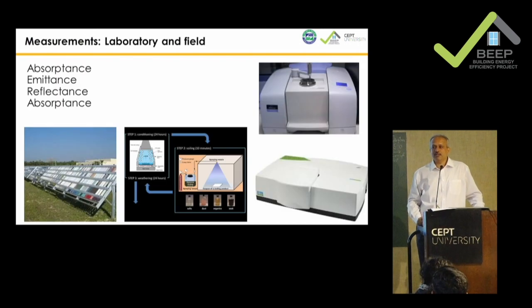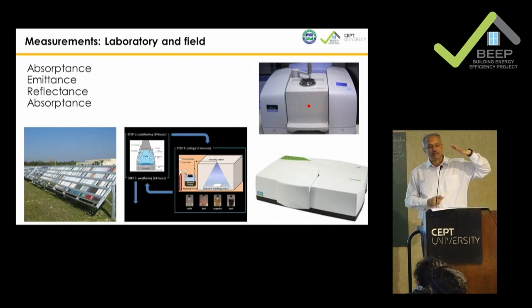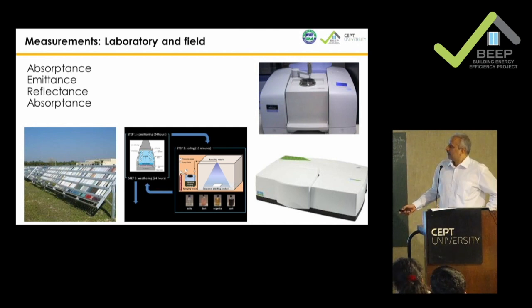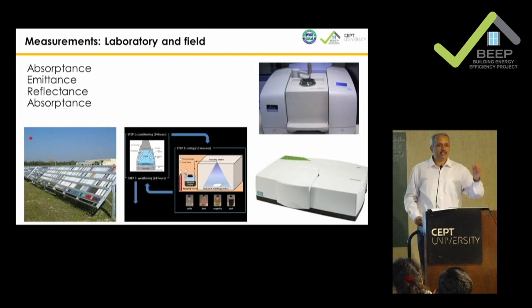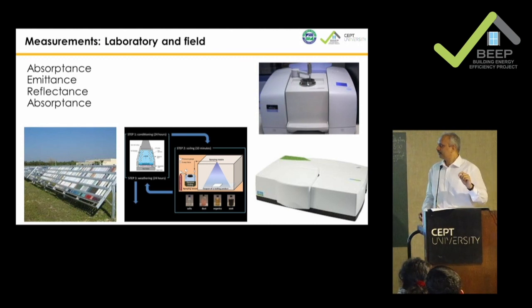Again, how do we really measure SRI? There are spectrophotometers and Fourier transform infrared machines which help us understand the surface property. Unlike conduction, where the heat has to transfer from one surface to another and we measure how much heat gets transferred from one place to another, that is not the case here.